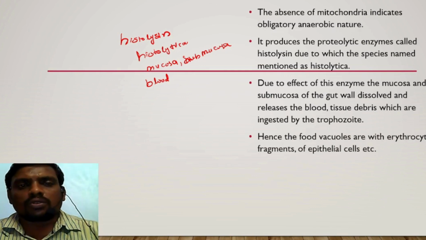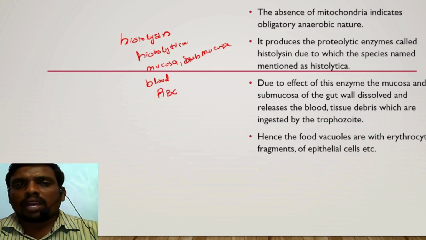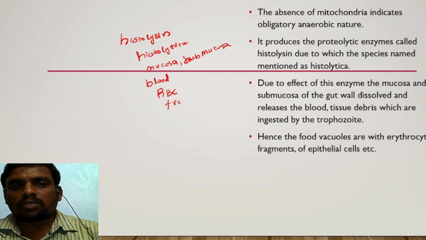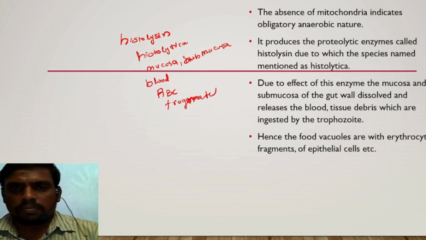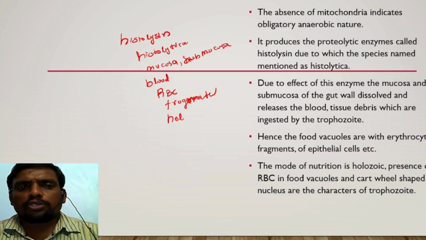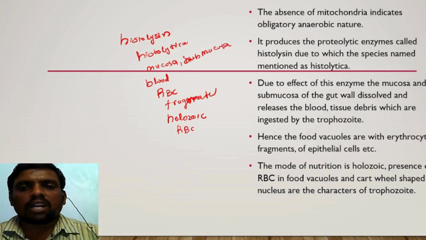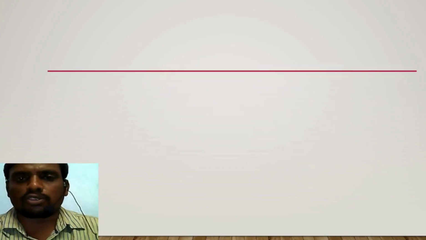Hence the food vacuoles present in this trophozoite contain erythrocytes or red blood cells, tissue fragments, and epithelial cells. Mode of nutrition is holozoic. Presence of RBC in food vacuoles and the cartwheel shaped nucleus are the chief and important characters of the trophozoite.